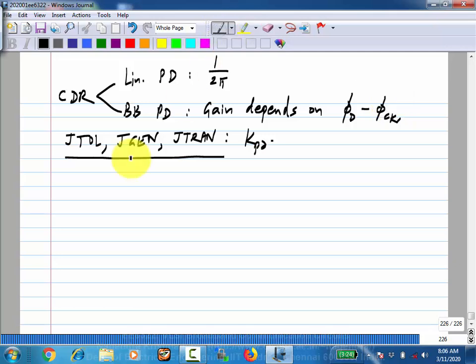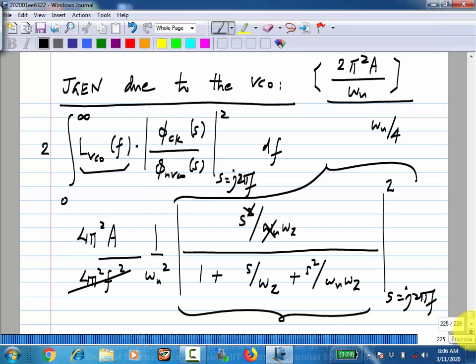So we looked at jitter tolerance, of course, and then jitter generation due to the resistor, the charge pump, and the VCO as well. The part due to the charge pump will be low pass. The part due to the resistor will be band pass, and due to the VCO also the output spectral density will be band pass, because the VCO has a low pass type spectral density for phase, and that going through the high pass spectral transfer function gives you a band pass type spectral density, right?